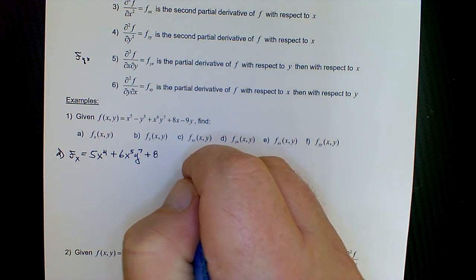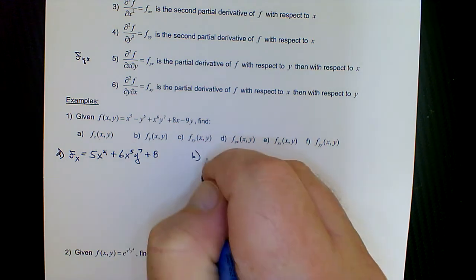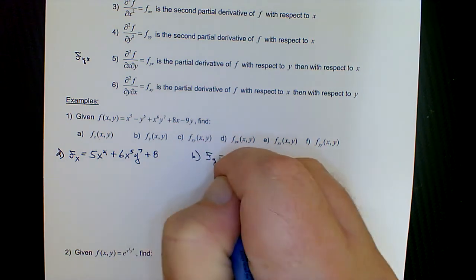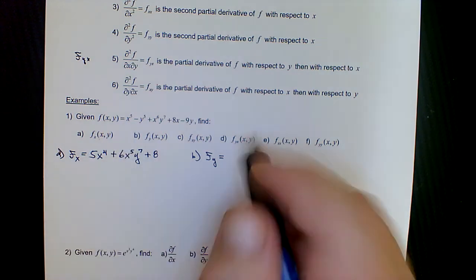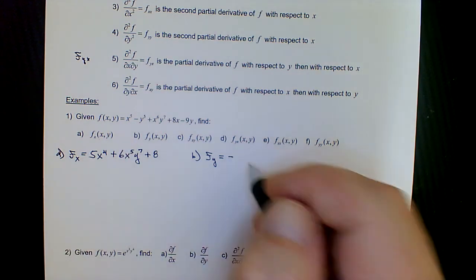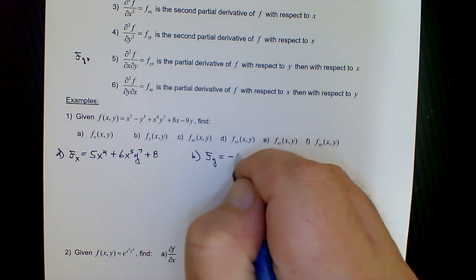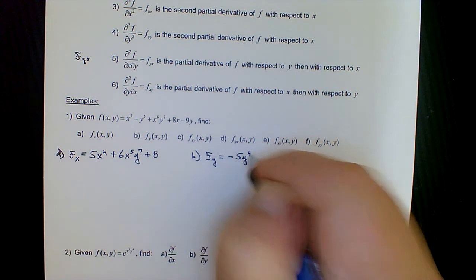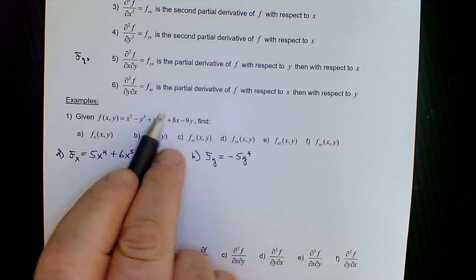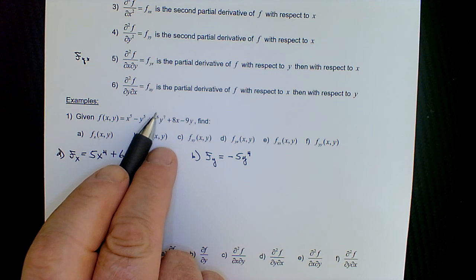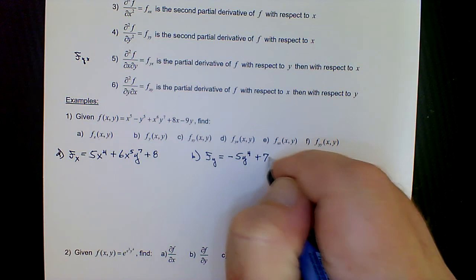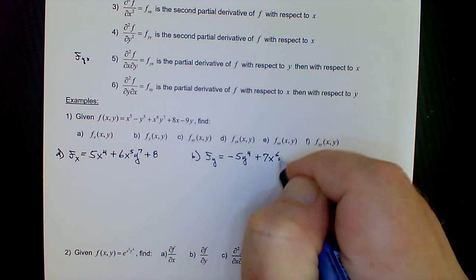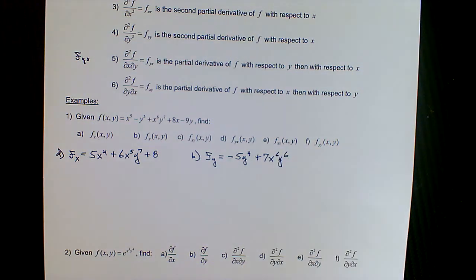So I'll do part B here, and that's the partial with respect to y. Now x is a constant, so the derivative of x to the fifth is 0. Derivative of negative y to the fifth is negative 5y to the fourth. Here the x is held as a constant, so remember you can cover it up, differentiate y to the seventh, you get 7y to the sixth, then make sure you tag along the x to the sixth as well.